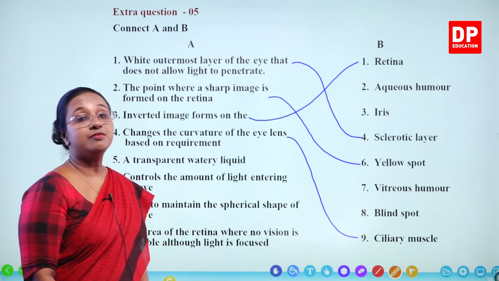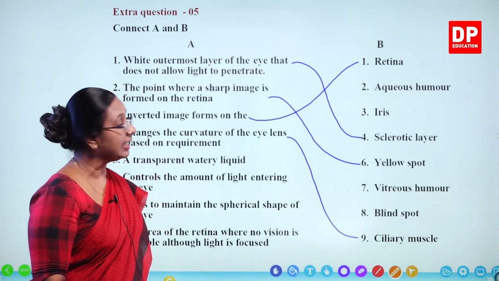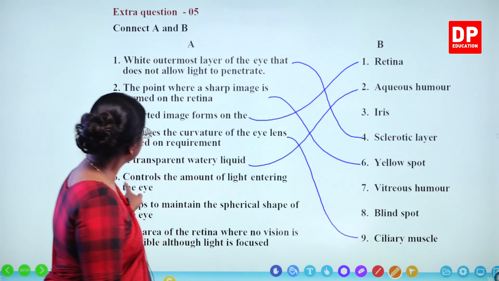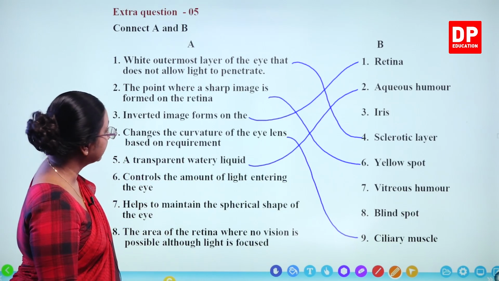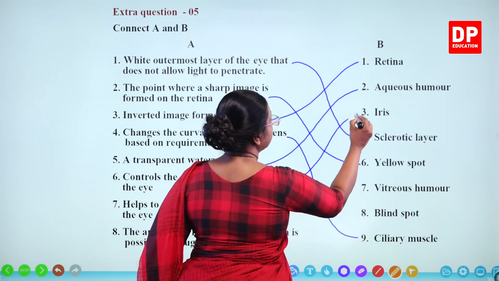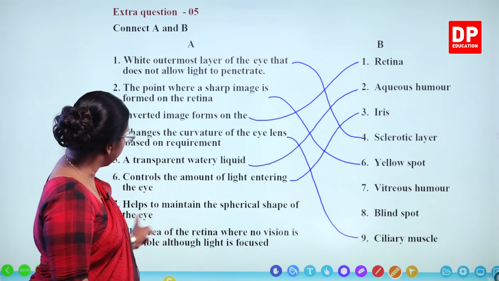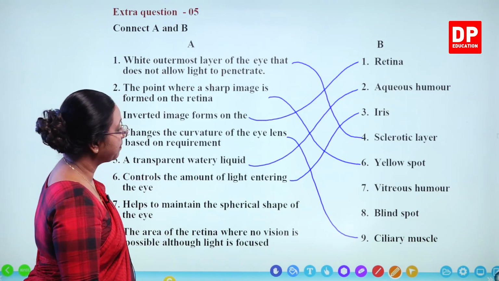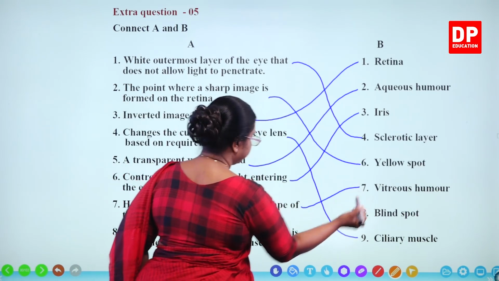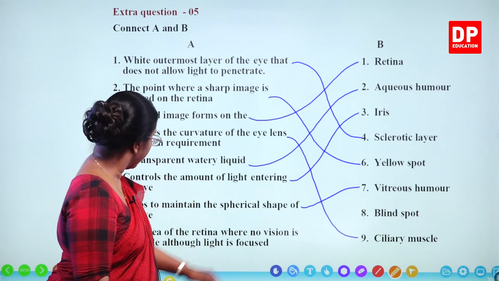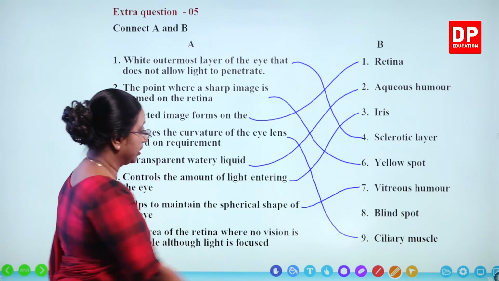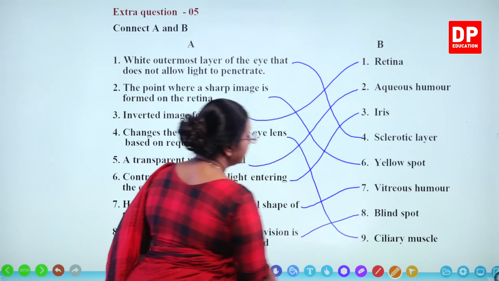A transparent watery liquid, that is the aqueous humor. Controls the amount of light entering the eye, that is the iris. So, here it is the iris. Helps to maintain the spherical shape of the eye, that is vitreous humor. And the area of the retina where no vision is possible although light is focused, that is the blind spot.